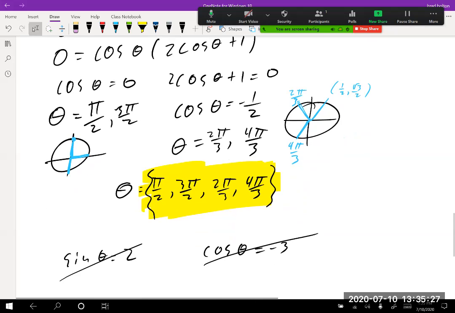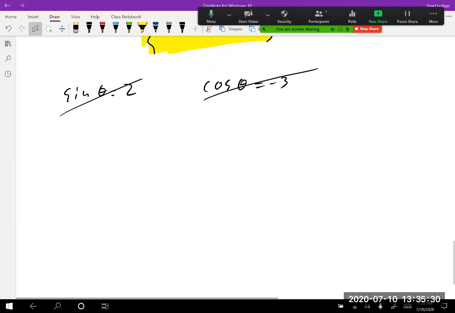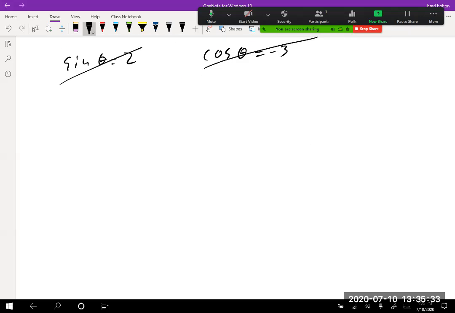Oh, I see what I could have done. Okay, I think I have it. Let's say that we do 1/2 cosine squared theta plus cosine theta equals 0.